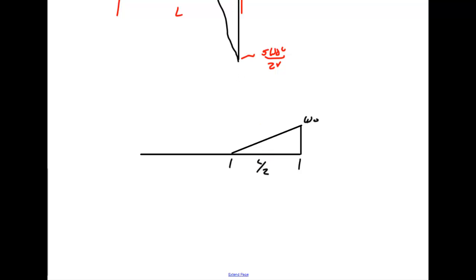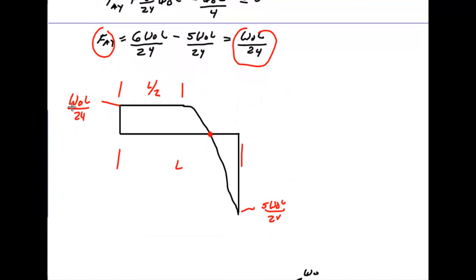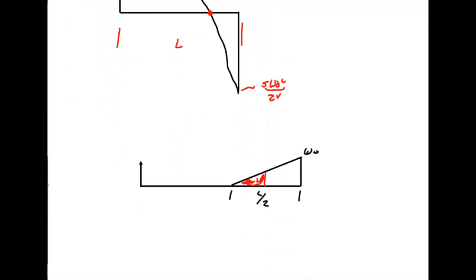Well, what's happening is, I'm going to draw this in red, we only want to look at a part of this triangle, because we want the point where this area becomes the same as the load at this end, the load at the other end that's coming up. Let me label it better here. We said that value was WOL over 24, so we'll go ahead and put that.